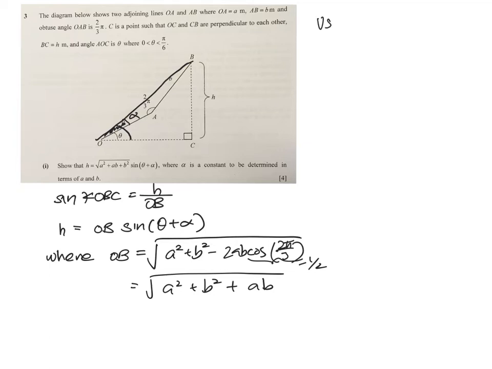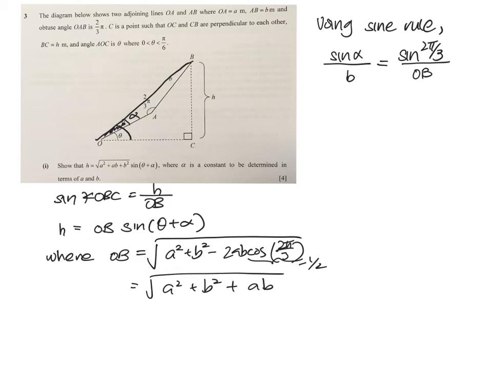So using sine rule, we can compare sine alpha with its opposite side, which is B, equals to, we can compare with sine 2 pi over 3 with OB.